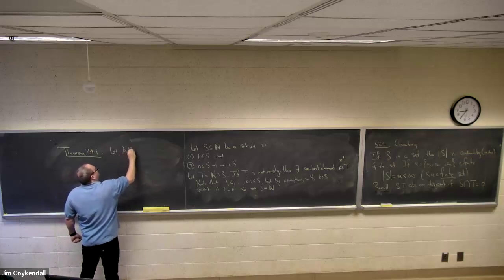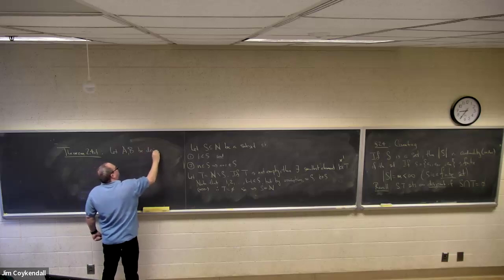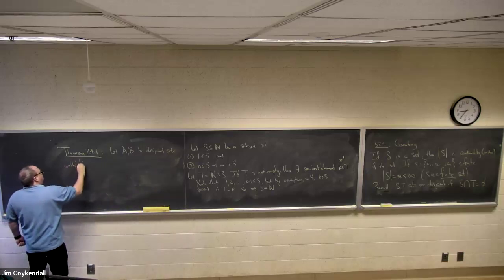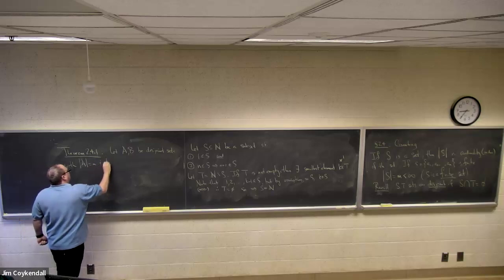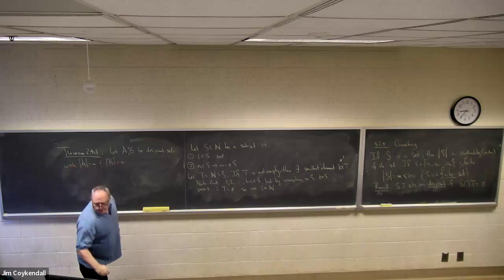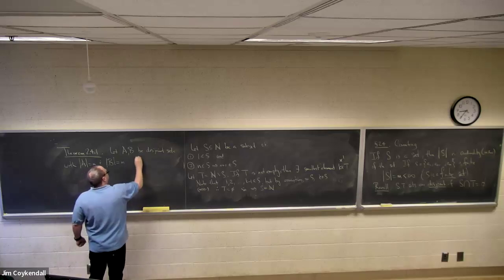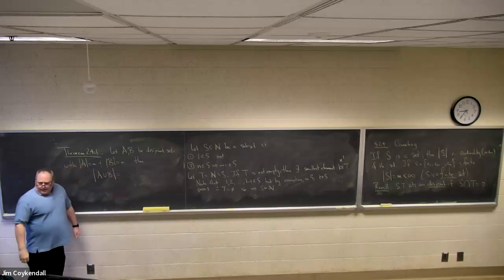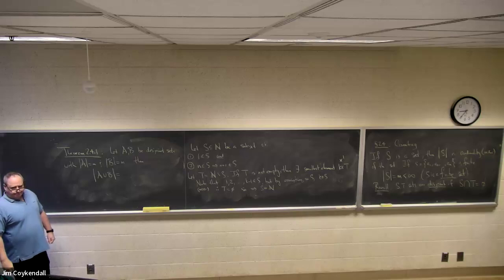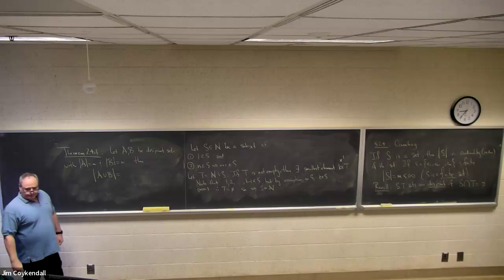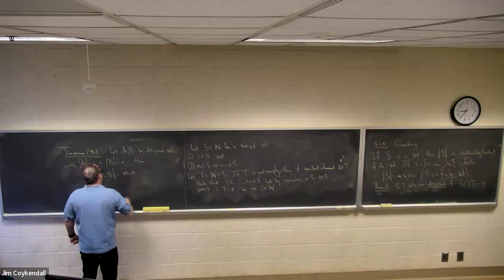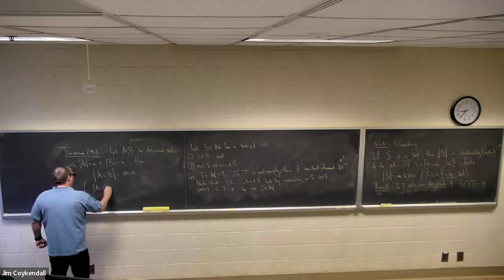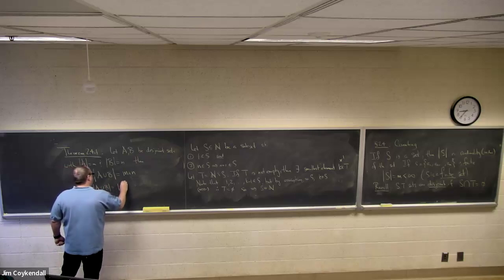Let A and B be disjoint sets with the order of A being M and the order of B being N. Then how many elements are in A union B?